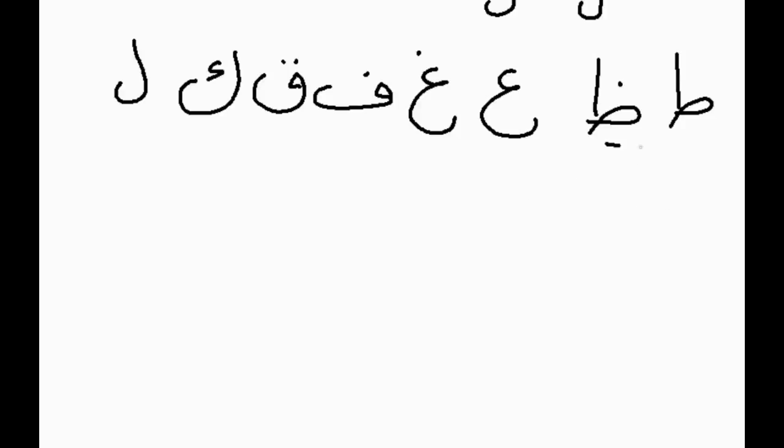Now ta and tha are the same, so I'm going to take only one example from them. At the beginning, ta and tha will look like this, and then connect with the letter after them. For example, we have Tariq, which is a name. That's how ta is connected to the alif next to it.